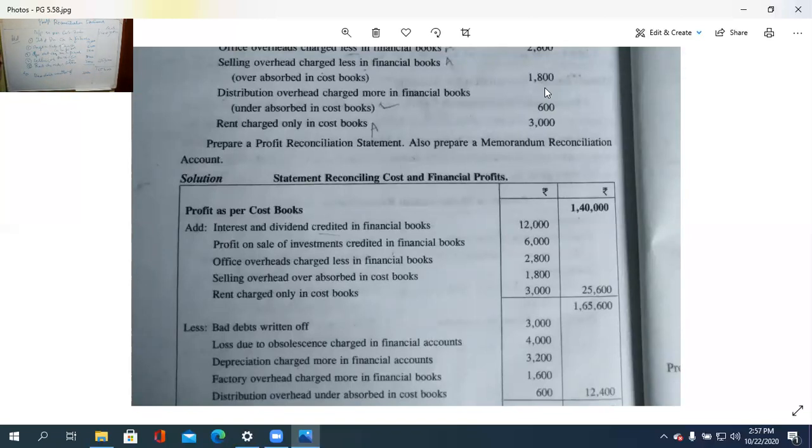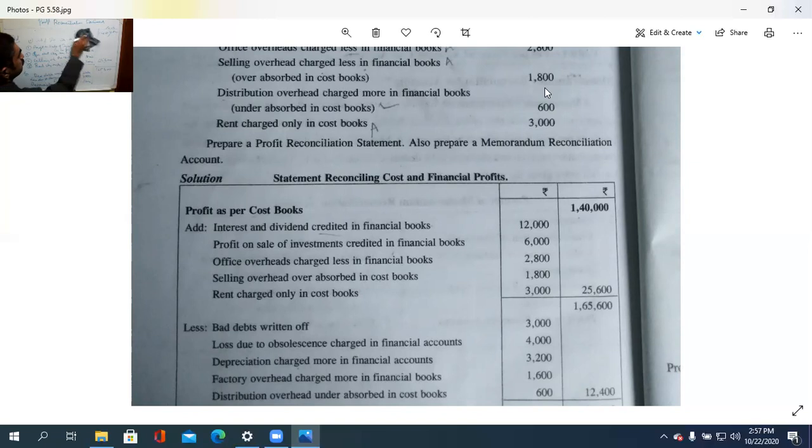Then loss due to obsolescence charged in financial accounts. So how much is it? 4,000. Then depreciation charged more in financial books. Depreciation charged more in financial books, it is 3,200.